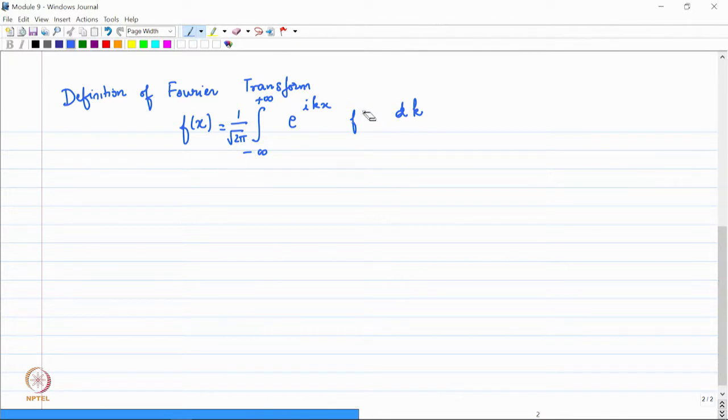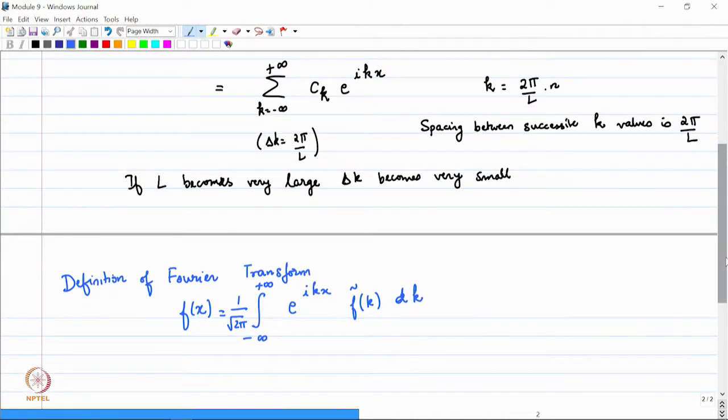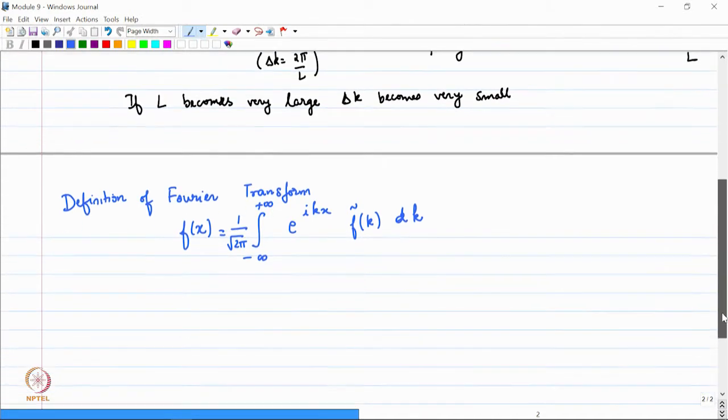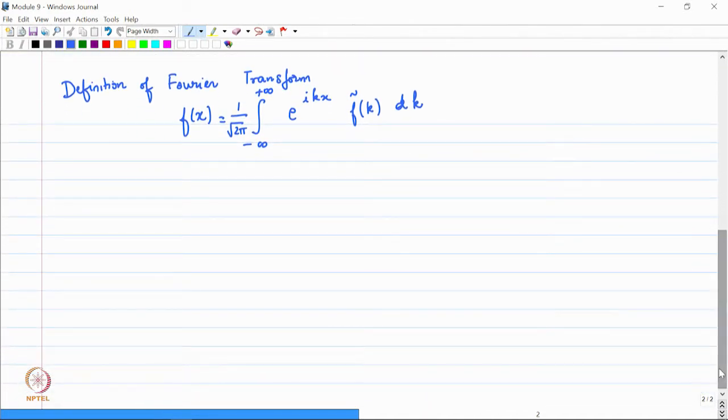Just notice the similarity between this expression and what we had here. Instead of a sum you have an integral. You have this factor of 1 by square root of 2 pi. Instead of c k I am calling it f tilde of k, and the reason for that will become clear, and you have e to the i k x. So, basically you can see that the Fourier transform is like an extension of the Fourier series for when the period goes to infinity.